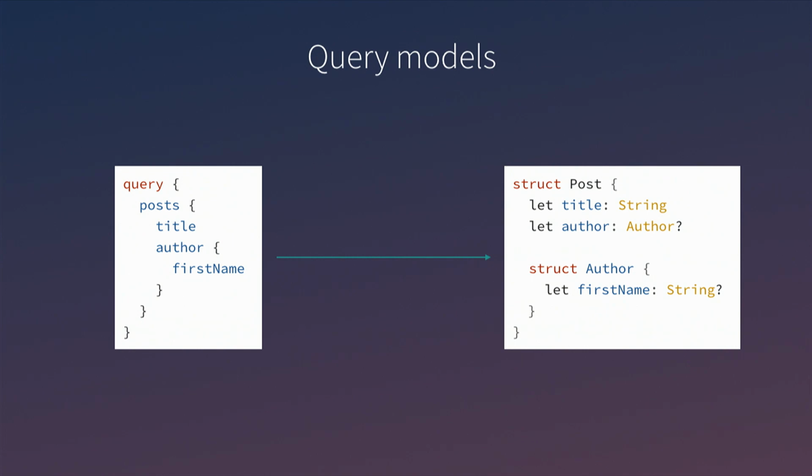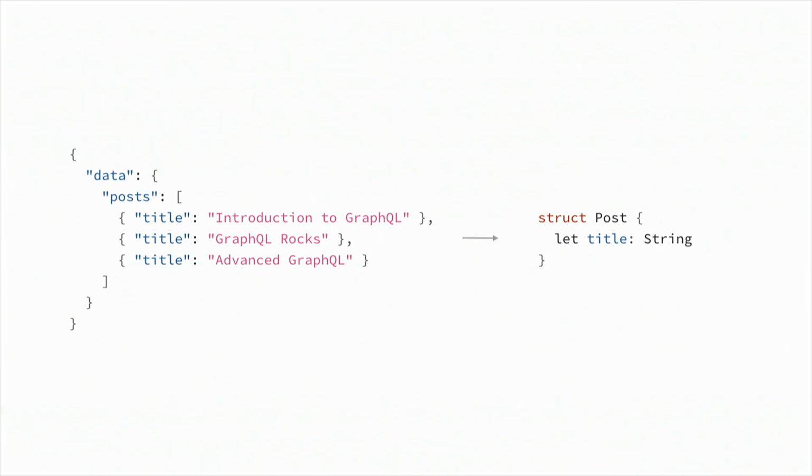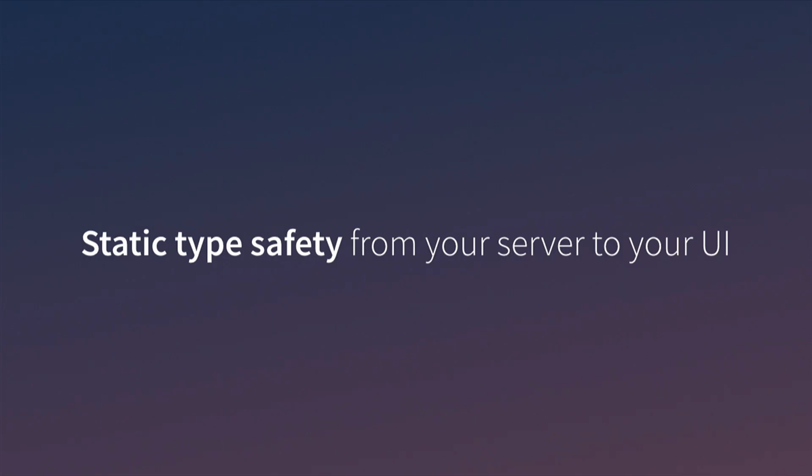And that post has a title, it has an author, that author has a first name, but it doesn't have a last name, for instance. And this gives you a really nice experience of static type safety, all the way from your server to your UI. So I'd like to give a short demo of what that would look like on iOS in Xcode.